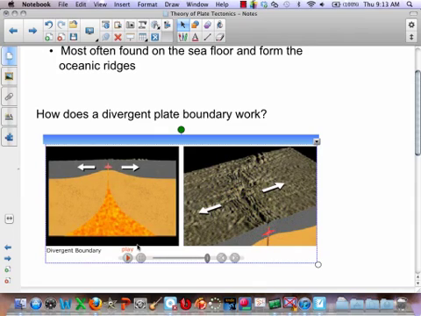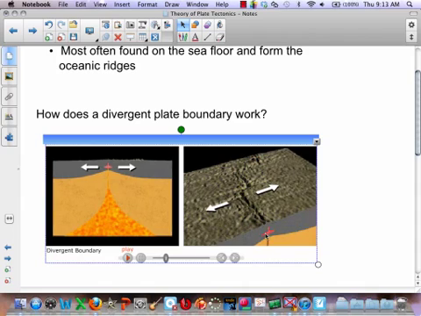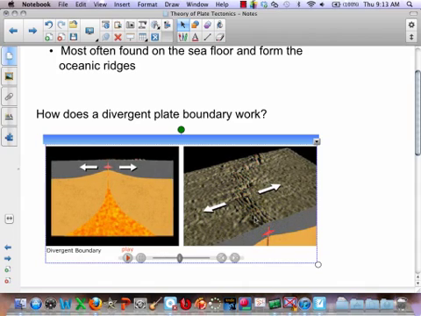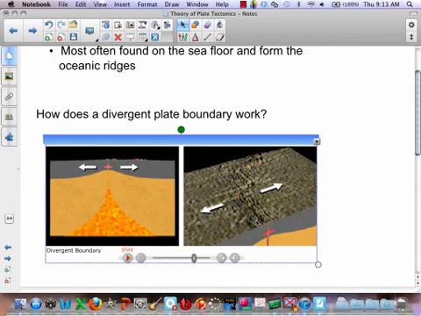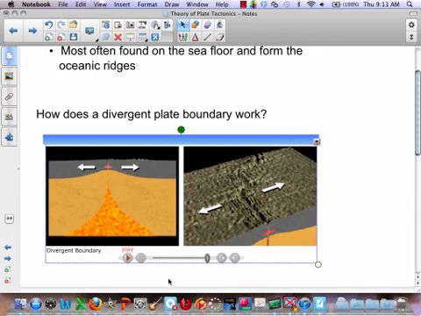So this is like the driving mechanism behind seafloor spreading. This is that ridge push. As the new material is cooled, it becomes more dense and actually pushes the other material toward the trench. And so we get these ridges that start to create along the boundary.